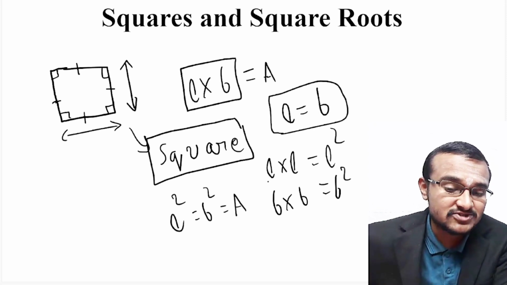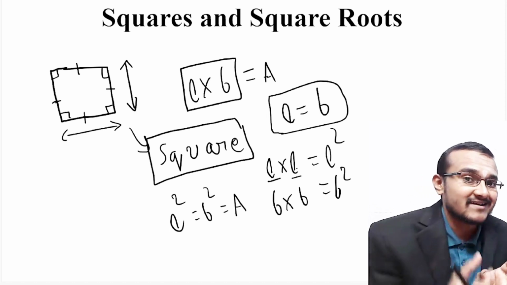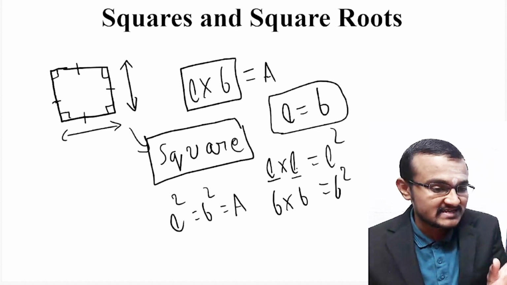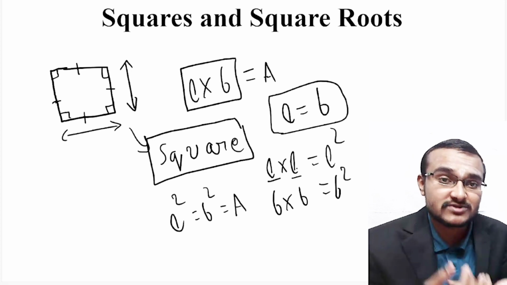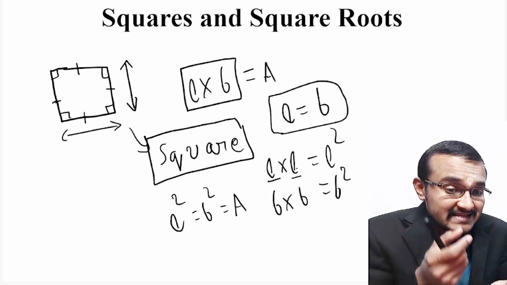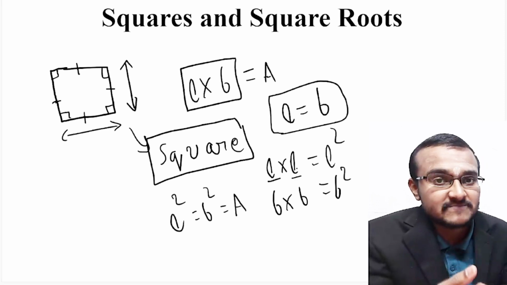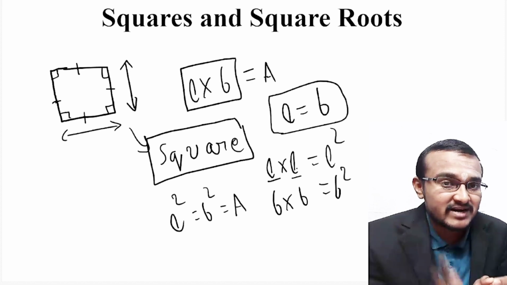That means you are multiplying the same number 2 times to calculate the area of that square. Just by taking the length of the square, you are multiplying it with itself because length is equal to breadth. That is how the word square has emerged, because in a square, length and breadth are equal.